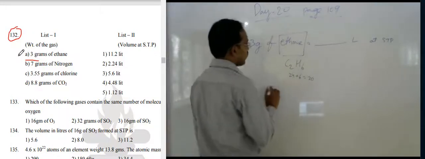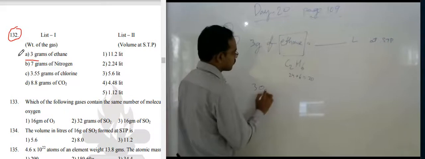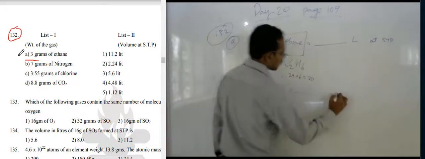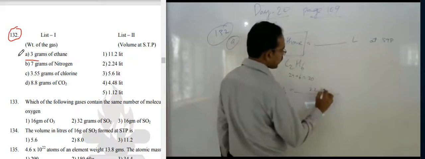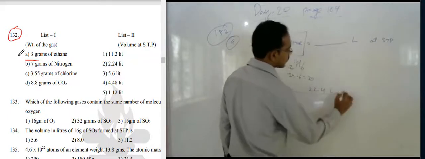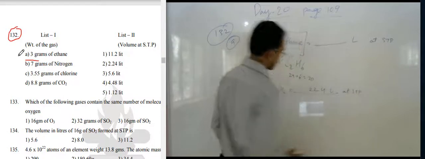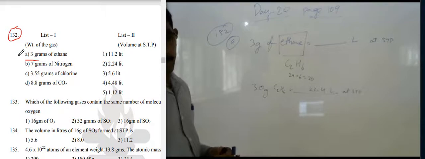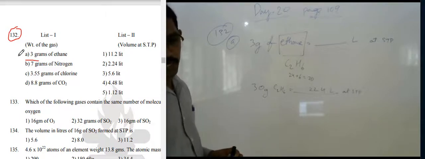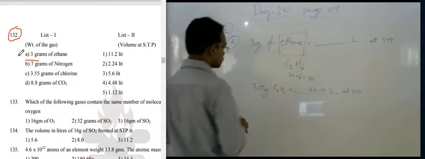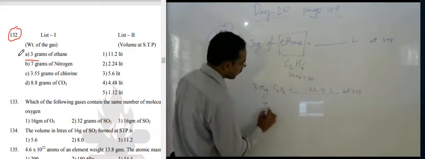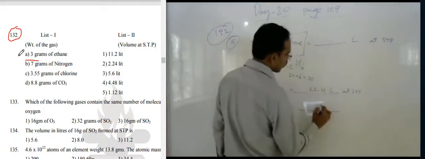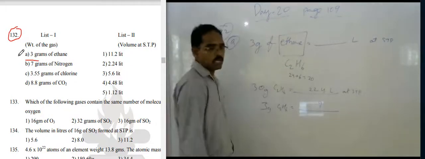Now 30 gram ethane is occupying 22.4 liter at STP. So now the question is 3 gram ethane will occupy how much volume at STP?